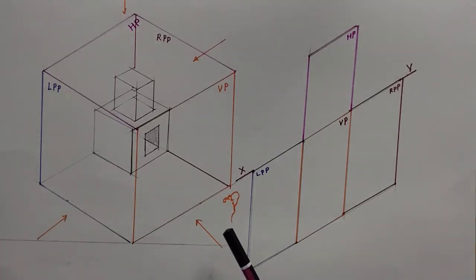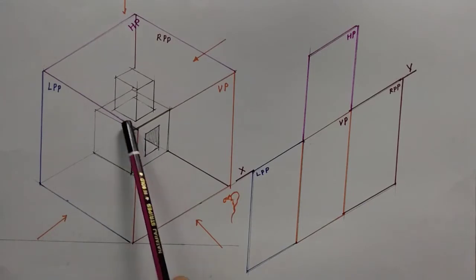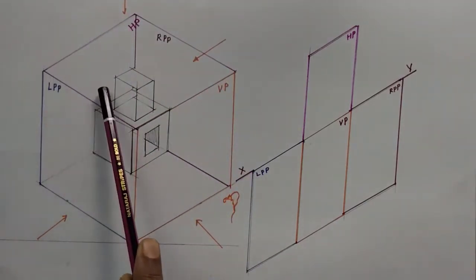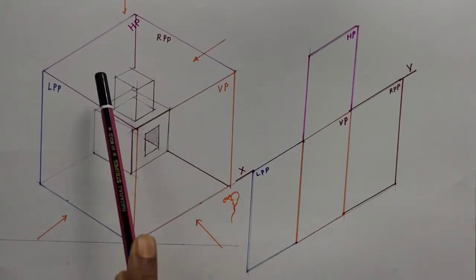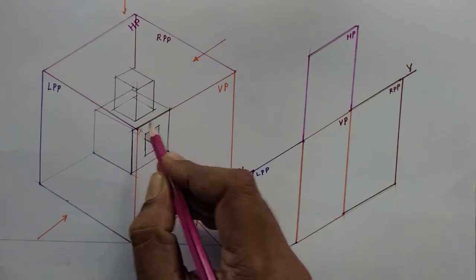The observer is here. You see the object is always perpendicular to the vertical plane. This is your vertical plane and this is your horizontal plane, the surface parallel to the ground. The HP and VP are both bounded by our XY line.